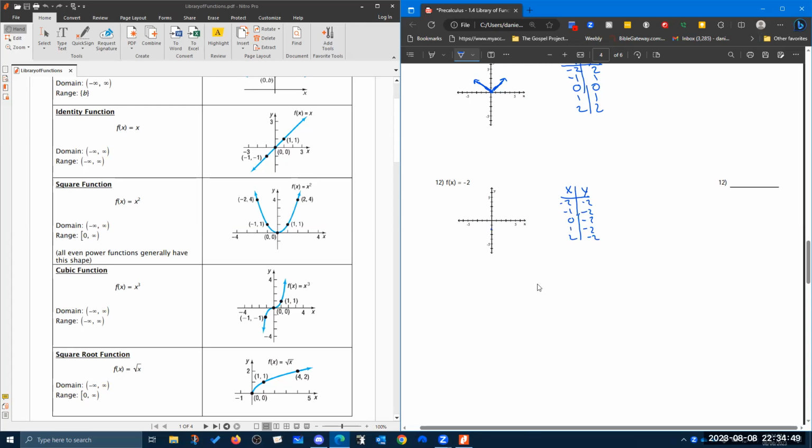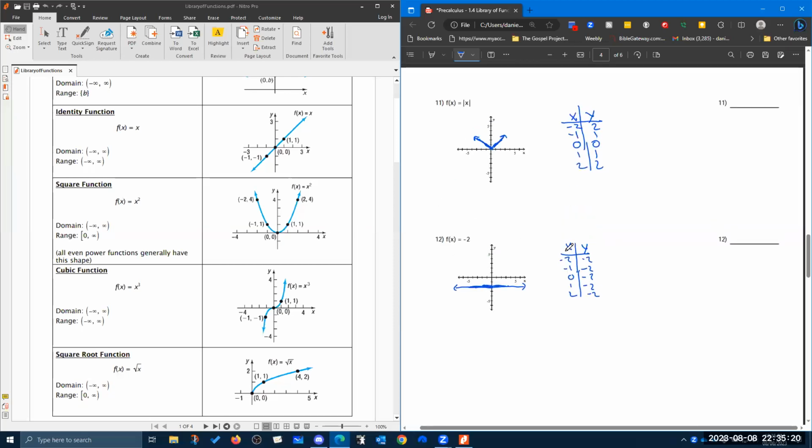So just a whole bunch of points along this horizontal line right here. Let's see how I do it drawing a horizontal line. Not too bad. It's actually one of the harder ones for me to draw on the computer.